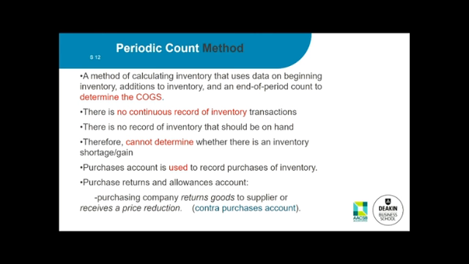But if you have returns and allowance, you would know how much of that inventory you returned back. And for you as a manager, that could be very useful because you would look at it and you go, well, we actually returned a lot of inventory back to this particular supplier. Maybe we shouldn't be dealing with them. So providing that information, even though it's additional lines in the financial statements, is actually quite useful.